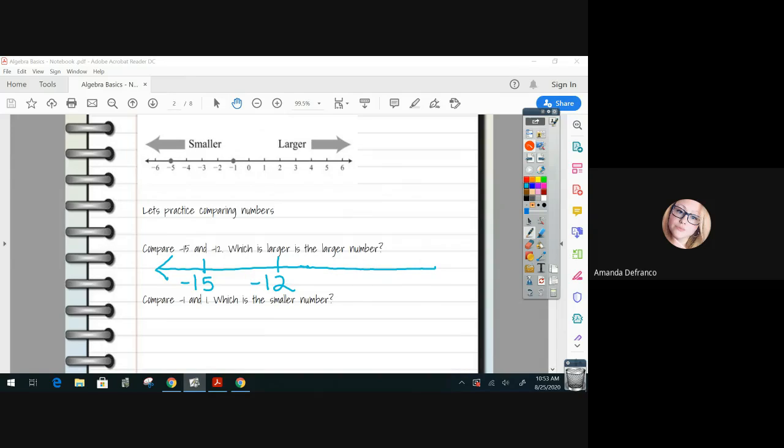All the way on this number line, 0 would be up here. So if we had to identify which one was the larger number, which one is closer to 0, -12 is the larger of the two numbers because it is closer to 0.